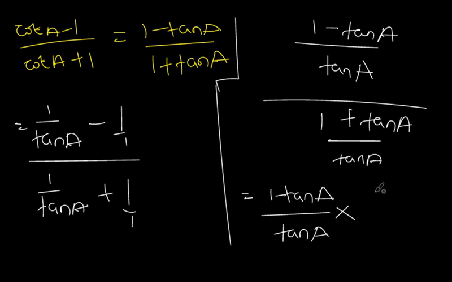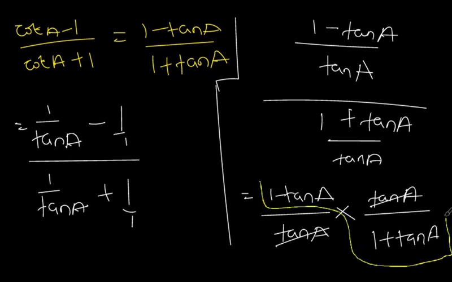So we will now have the tan A at the top, then divided by 1 plus tan A at the bottom. Okay, so we here can cancel this, and then at the end we are getting this fraction. So we are getting this divided by this, which is 1 minus tan A divided by 1 plus tan A, which is what we are asked to find in this case.